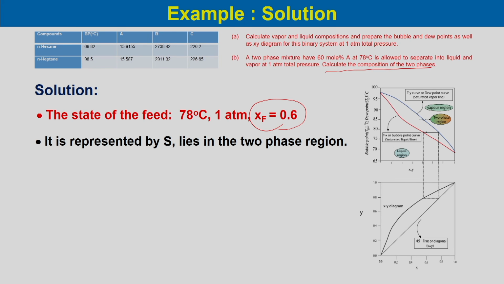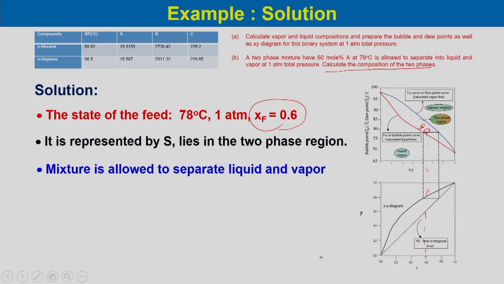If we come down vertically from here, it represents 0.6. So this point S is in the two phase region and the mixture is allowed to separate into liquid and vapor.